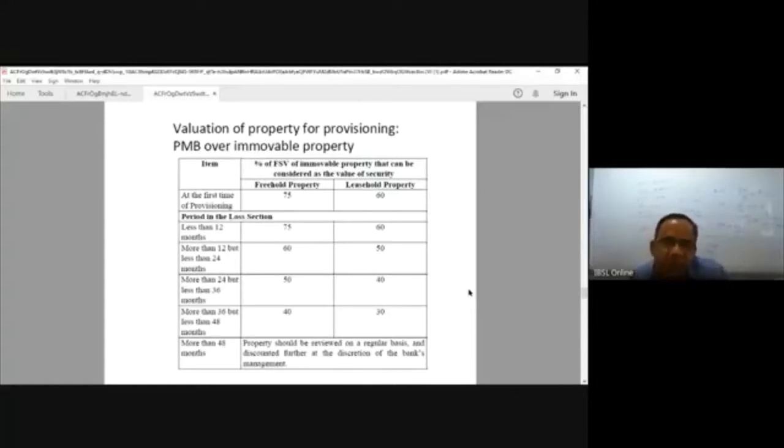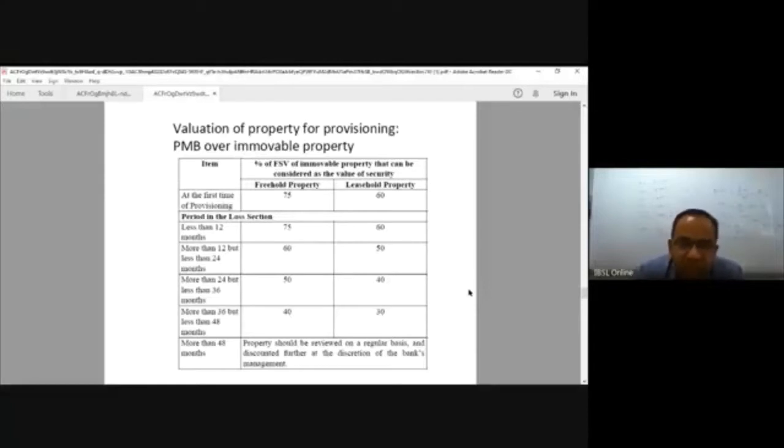Up to 12 months in the loss section, 12 to 24, 24 to 36, the percentages have been given. So this is how the value of the freehold or leasehold property will bring down the amount you have to provide for the loan.